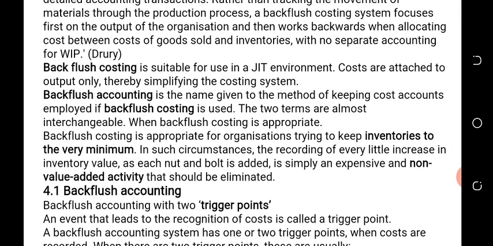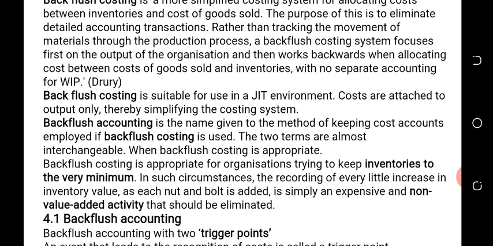Also, backflush costing is suitable for use in a just-in-time environment. That is why I said it's very useful in a just-in-time environment where there is no time to start recording, no time to start tracking the transactions, rather than looking at the movement from inventory to the finished goods.